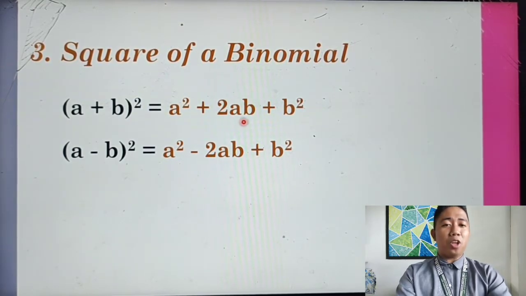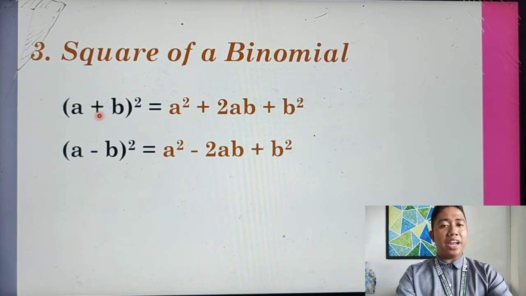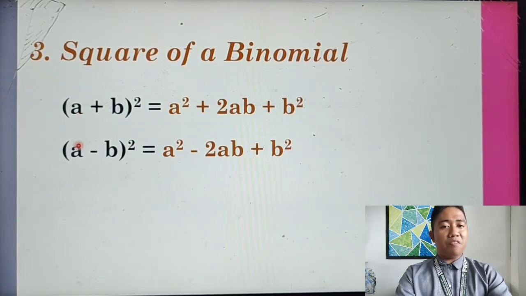For the middle term, we get the product of the two terms A and B, followed with the sign, and multiply it by 2. So A times B is AB, then follow the positive sign, and AB multiplied by 2 gives 2AB as the middle term. It is the same with the subtraction. We have the perfect square of the first term A, which is also A squared.